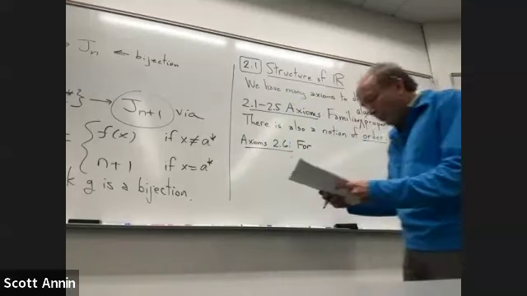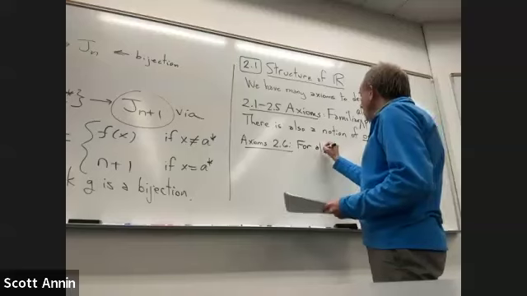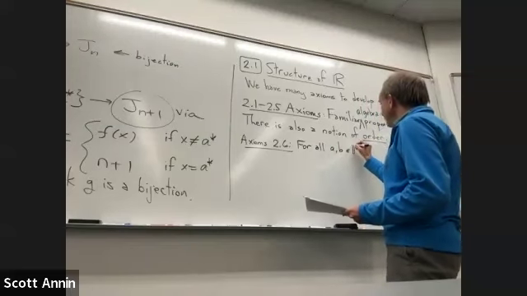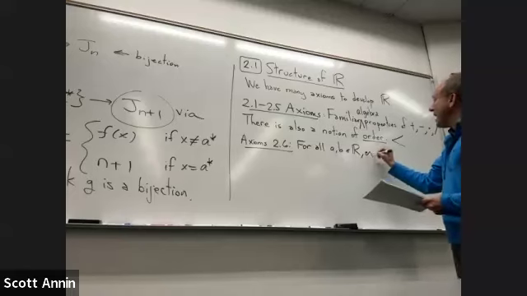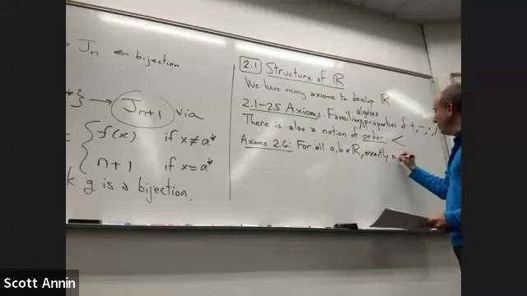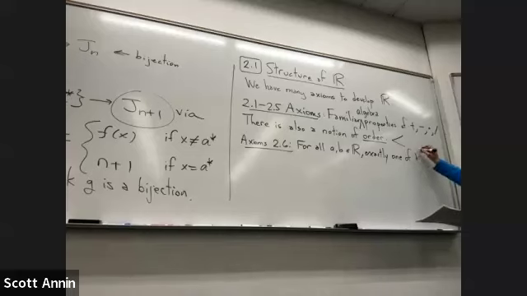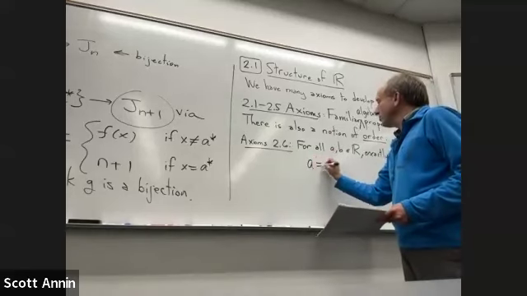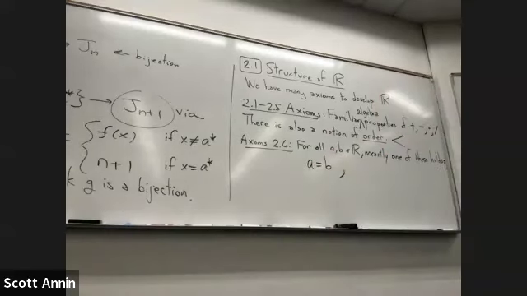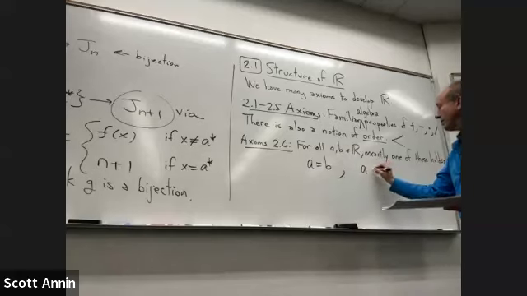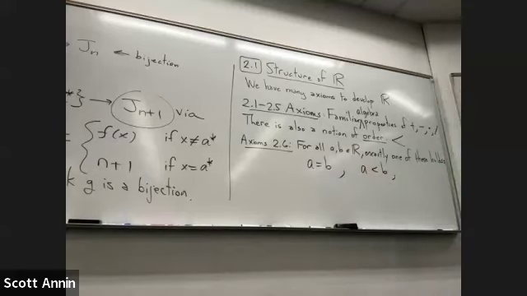So the first axiom, 2.6, is that for all real numbers A and B, exactly one of these holds. Exactly one, and I'm going to write down 3 possibilities. One possibility is that A is equal to B. The second possibility is A could be less than B. And the third possibility is that A is greater than B, but I'm going to write it using the less than again, just to keep using the less than.